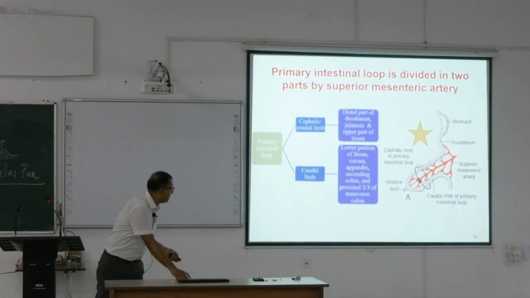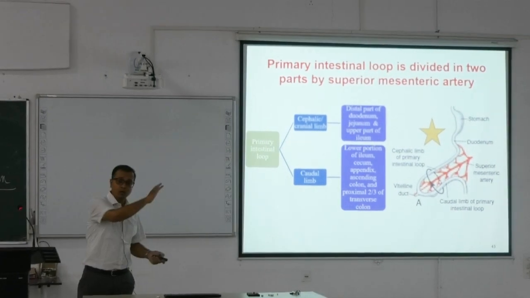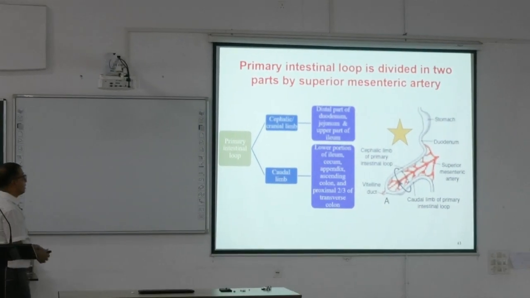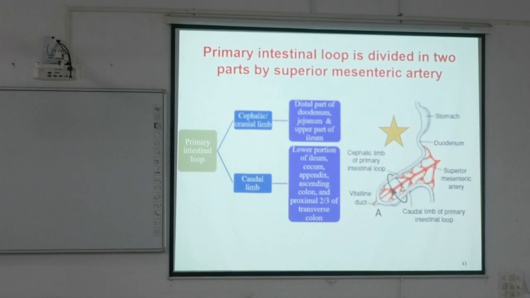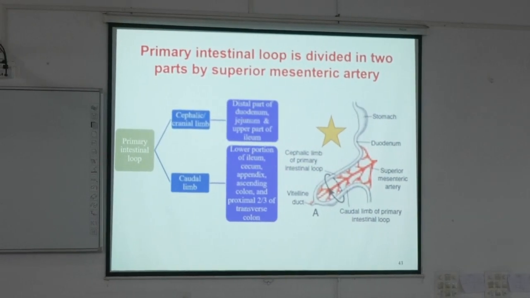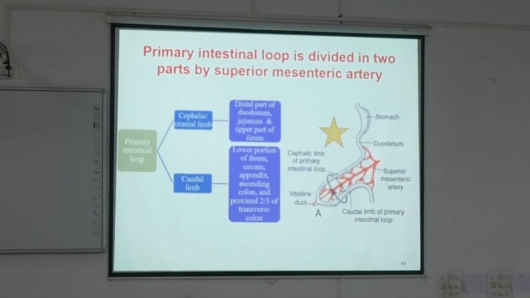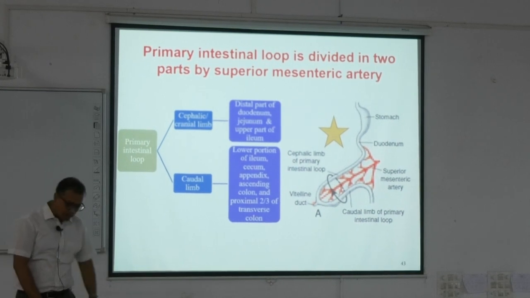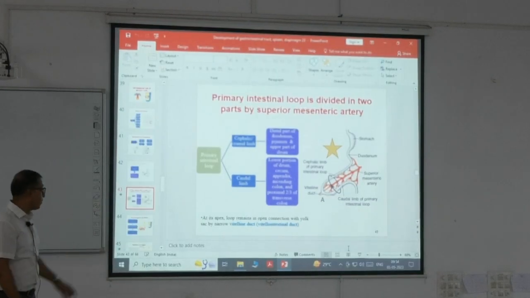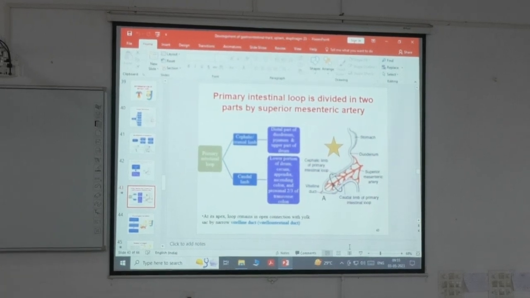So this gut tube eventually develops into everything: the jejunum, the upper part of the ileum, the lower part of the ileum, cecum, appendix, ascending colon, and the 2/3 of the transverse colon. Everything comes from this primary intestinal loop.